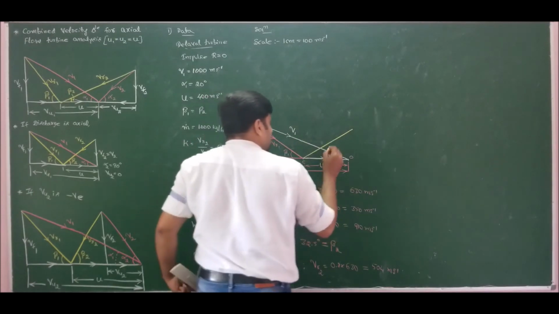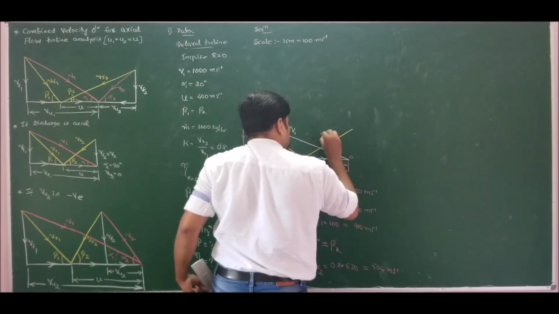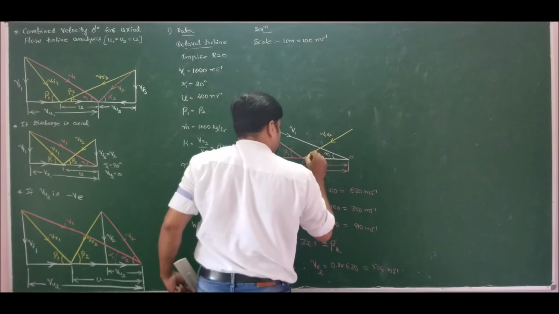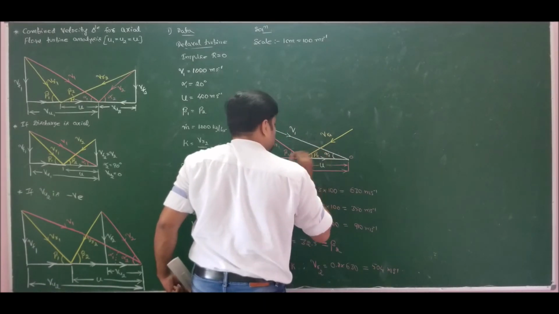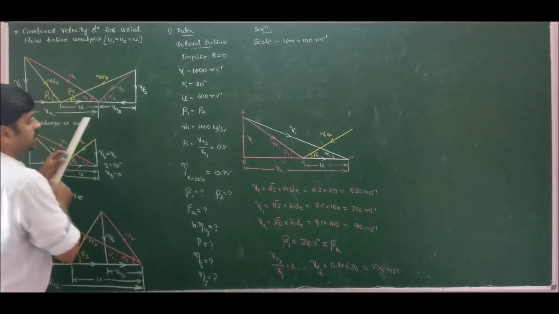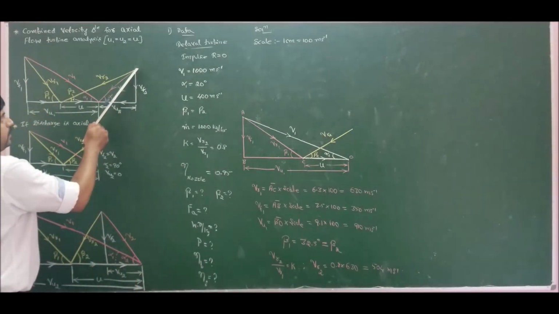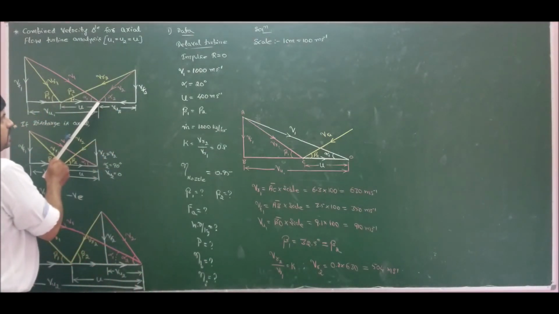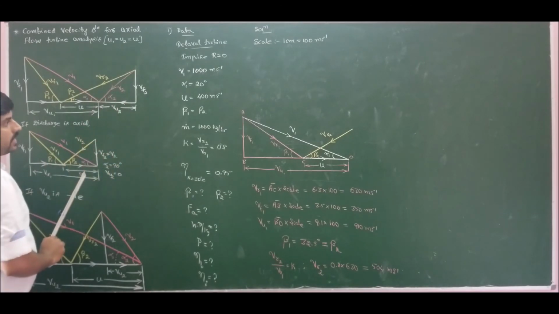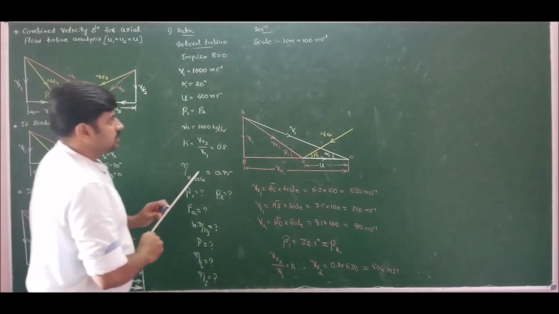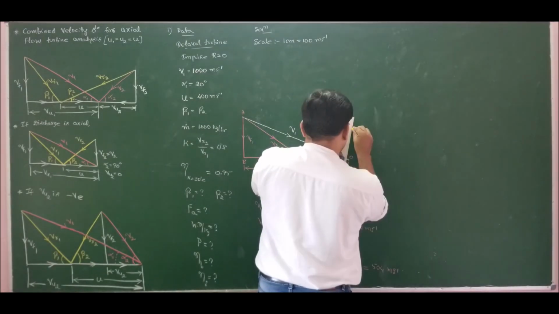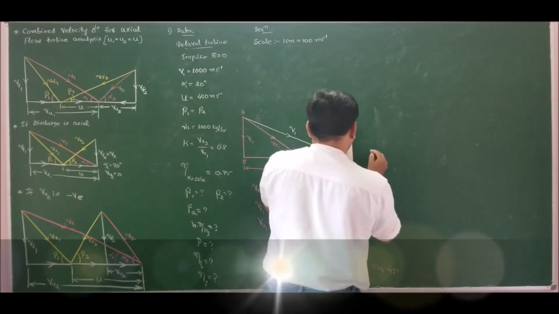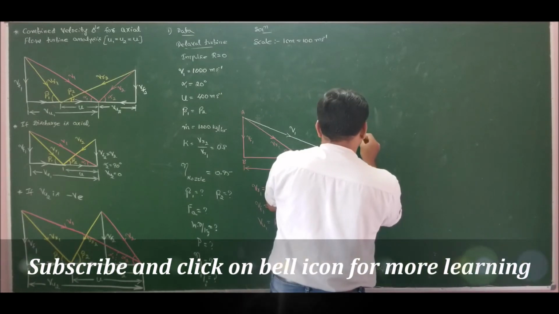So thereby I have marked VR2 and beta 2. Now if you observe the velocity triangle, joining from the peak to the right corner of U, I will get V2, and dropping a perpendicular I will get VF2. So from the peak if I join V2 and drop a perpendicular, I will get VF2.